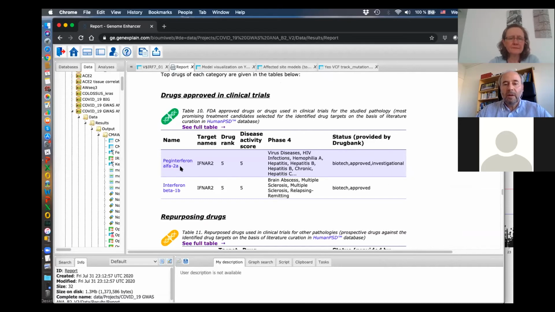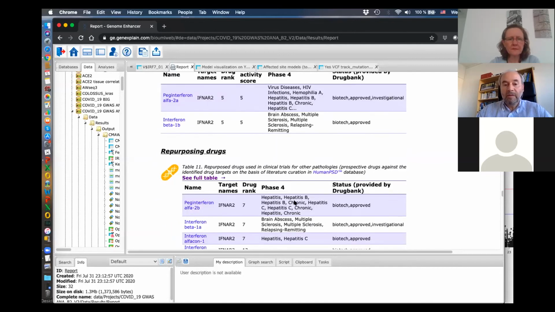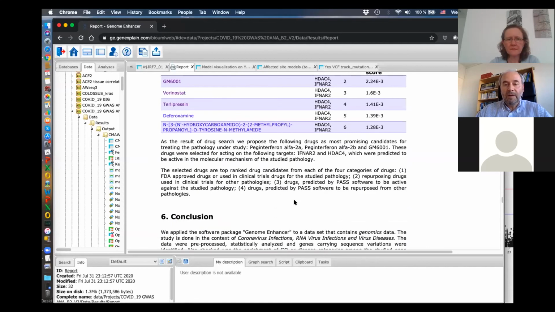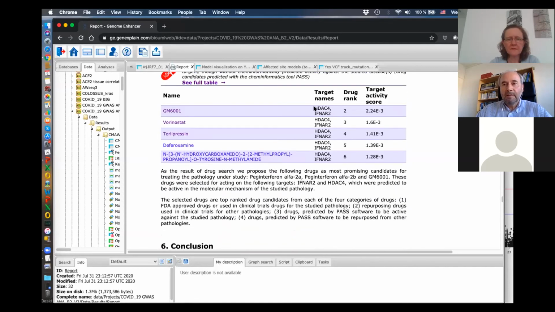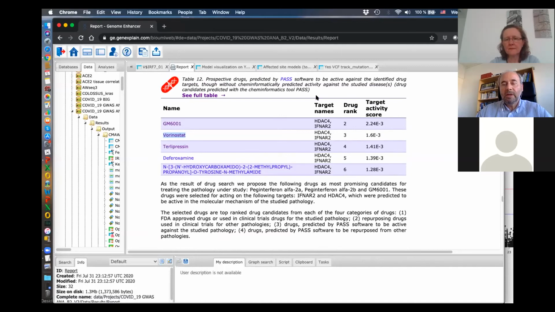First of all, drugs which are already known for these types of diseases, like in this case, you see this PEG interferon or interferon beta is already known as a drug, also used in COVID. And in case of other targets like this deacetylase, other potential drugs are recommended here by using chemoinformatic software, which can detect how a drug can potentially inhibit a set of targets which are detected here.